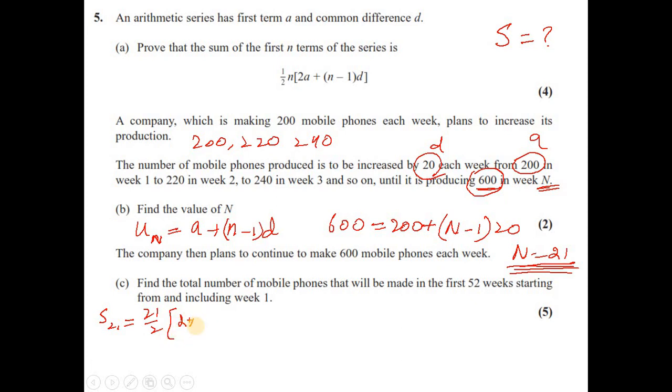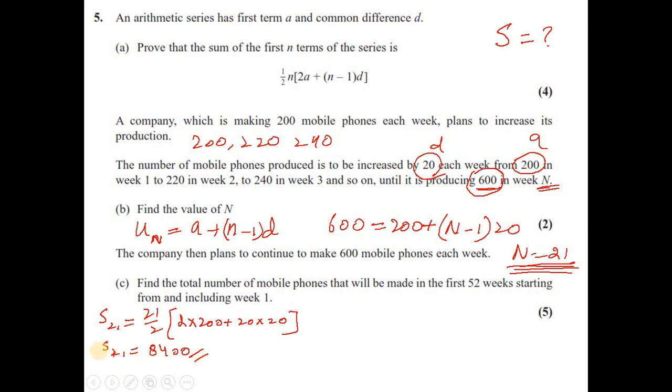So 2 into 200 plus, n minus 1 is 20 and d is 20. I use that formula for S21. Once you solve this equation, S21 would be equal to 8400. So these are the number of phones in the first 21 weeks.